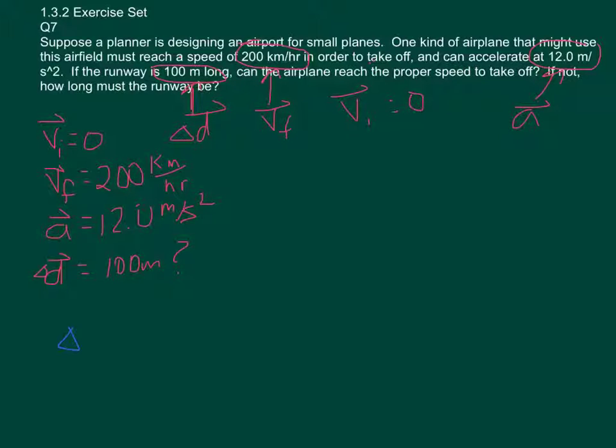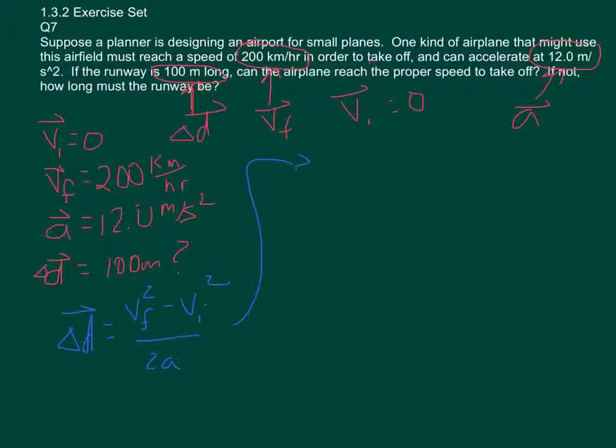This displacement equation is as follows: D equals VF squared minus VI squared all over 2A. There it is. That'll give us what displacement this aircraft needs. So let's go up here, get some more space. So VF, oh, wait a minute.